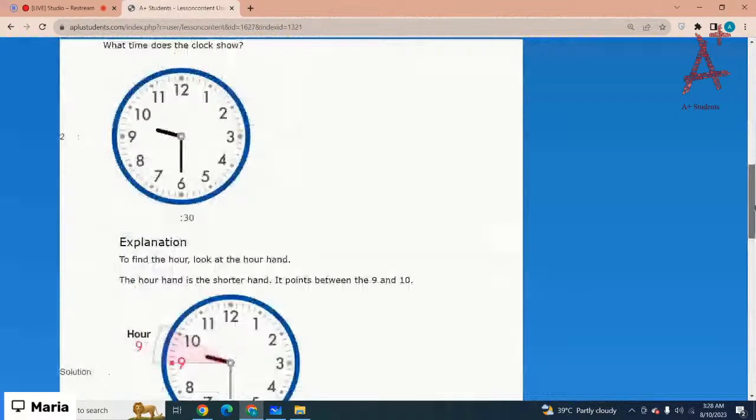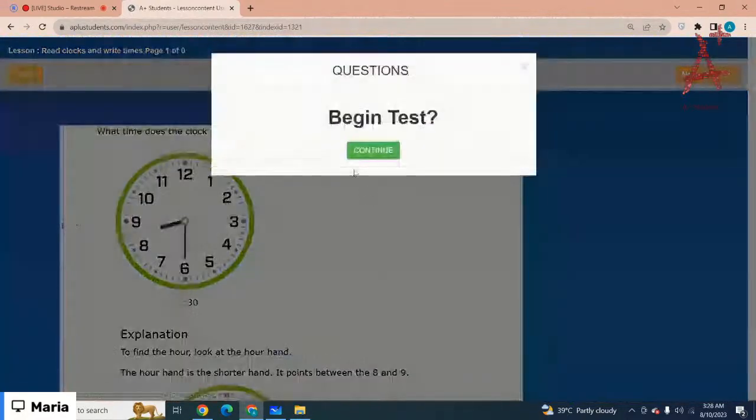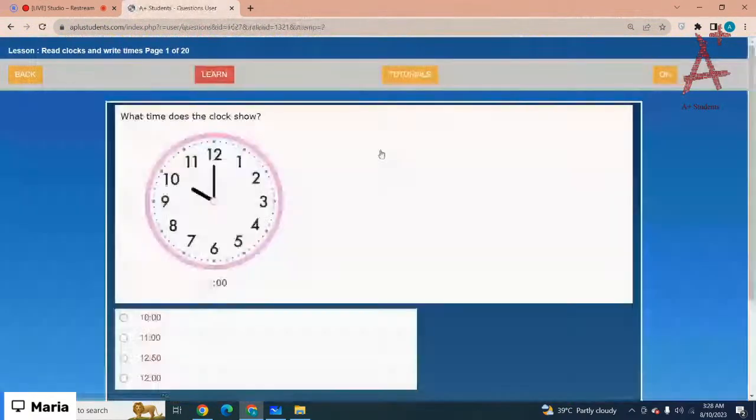Let's just start with the practice questions. Okay, what time does the clock show? So which is the correct option?